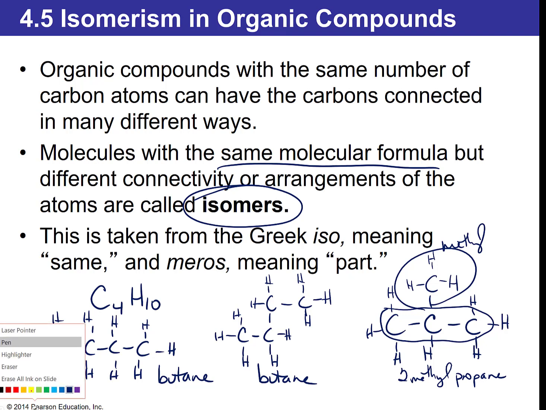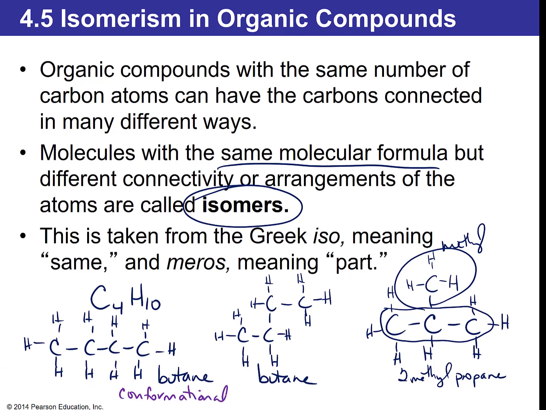So this one, the straight one, and the one that looks like a zigzag, they call these conformational isomers. They look different on paper, but they have the same name. They're actually the same molecule, just bent around differently.